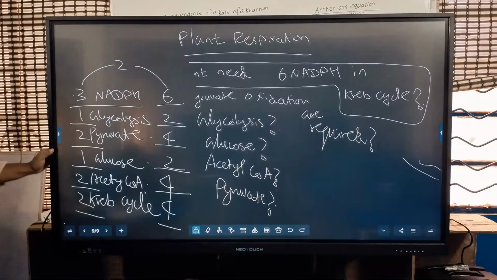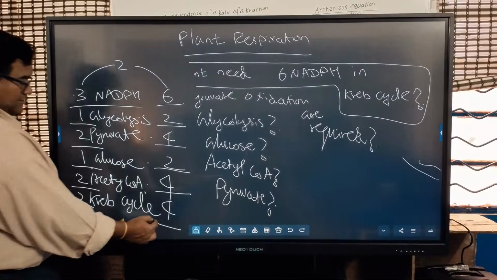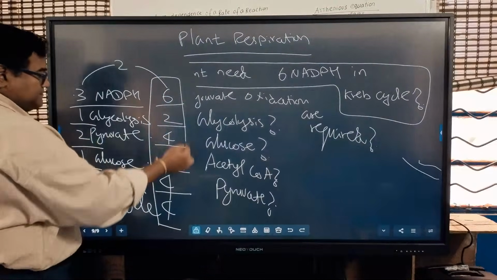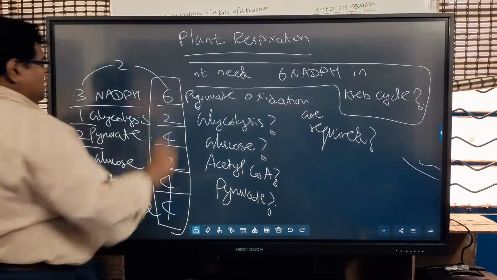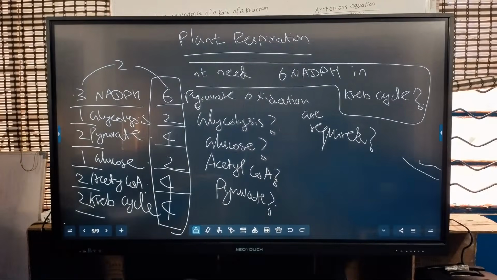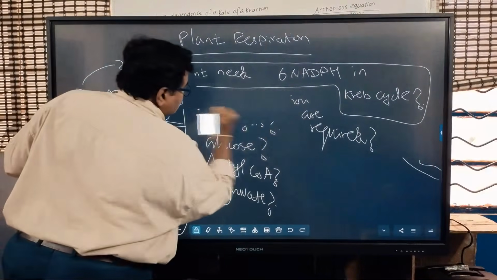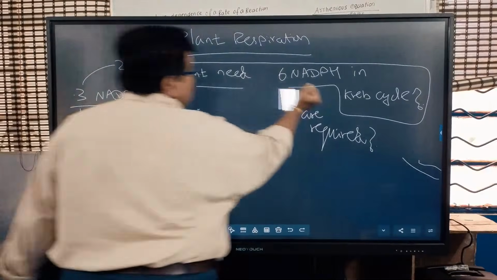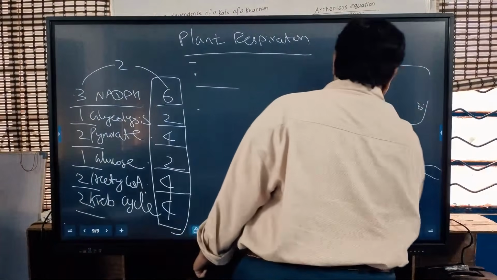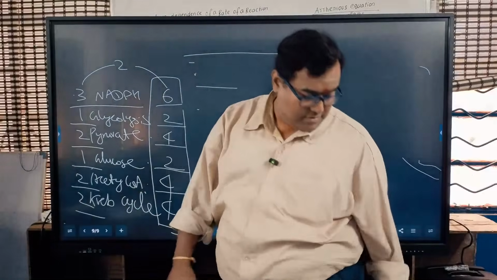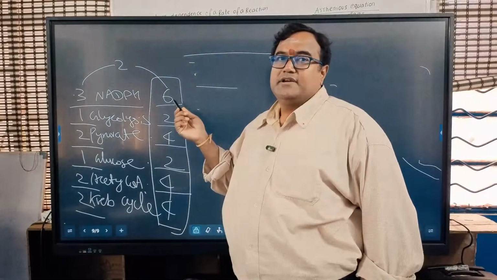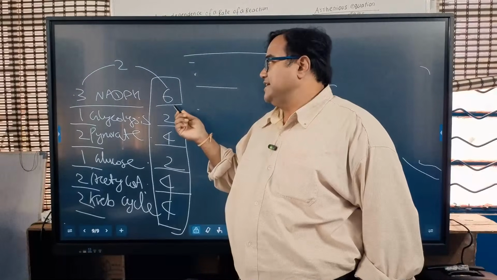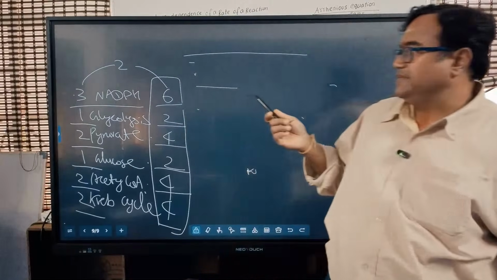4 Krebs cycles. This is the answer. In the question, they have given 6 NADPH.